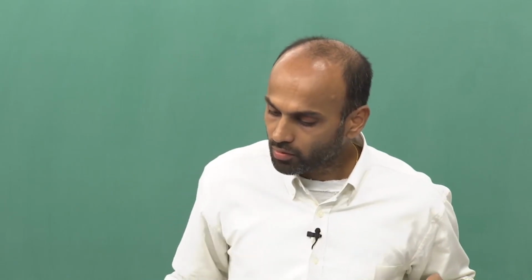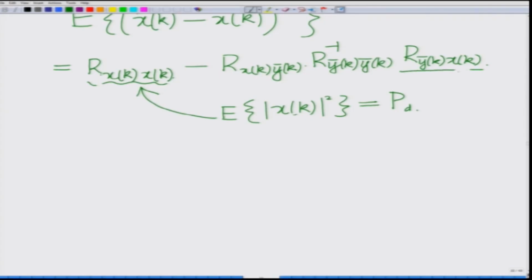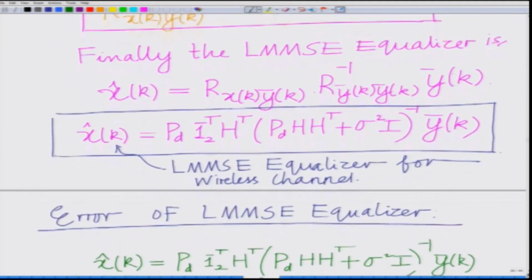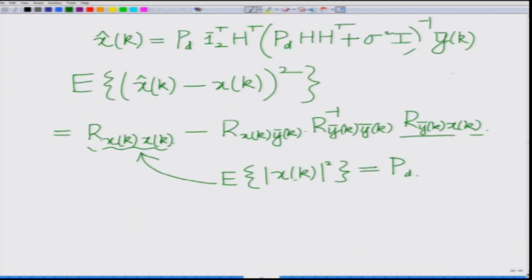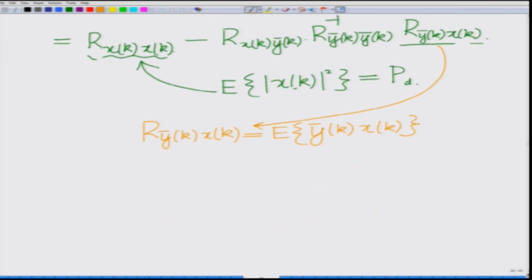Now, these quantities we have also derived. r y bar k xk is the expected value of y bar k times xk, which is nothing but r xk y bar k transpose.